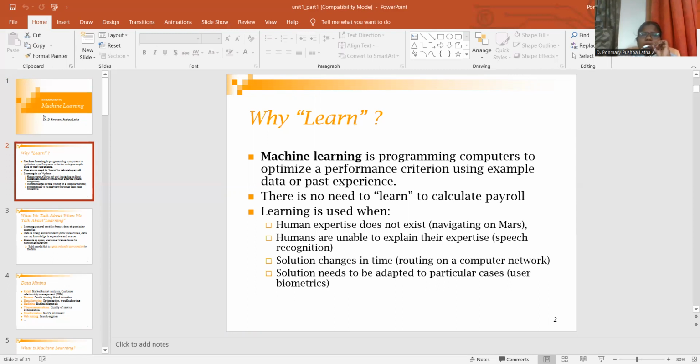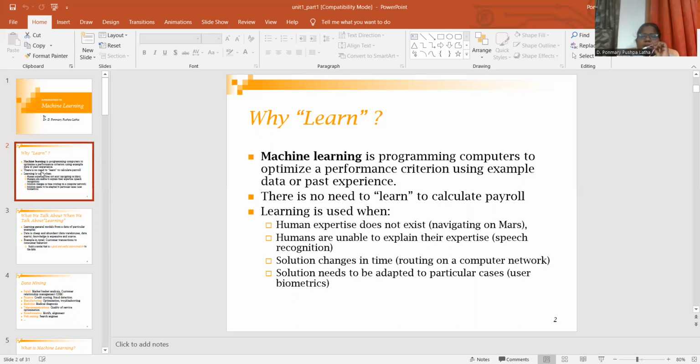There is no need to learn to calculate the payroll, but navigation on Mars, speech recognition, routing on a computer network, and user biometrics are all cases where you can go with machine learning.